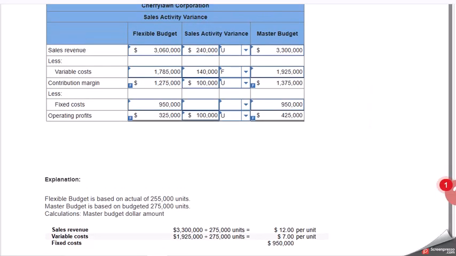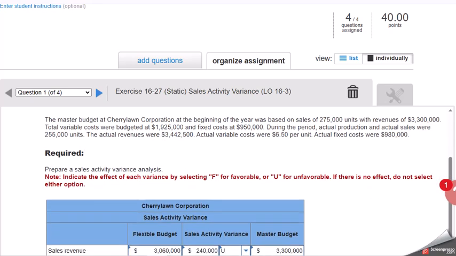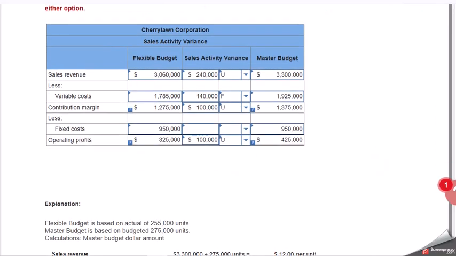So our flexible budget is at the current production level, the 255,000 units. The master budget here is at 275,000 units.